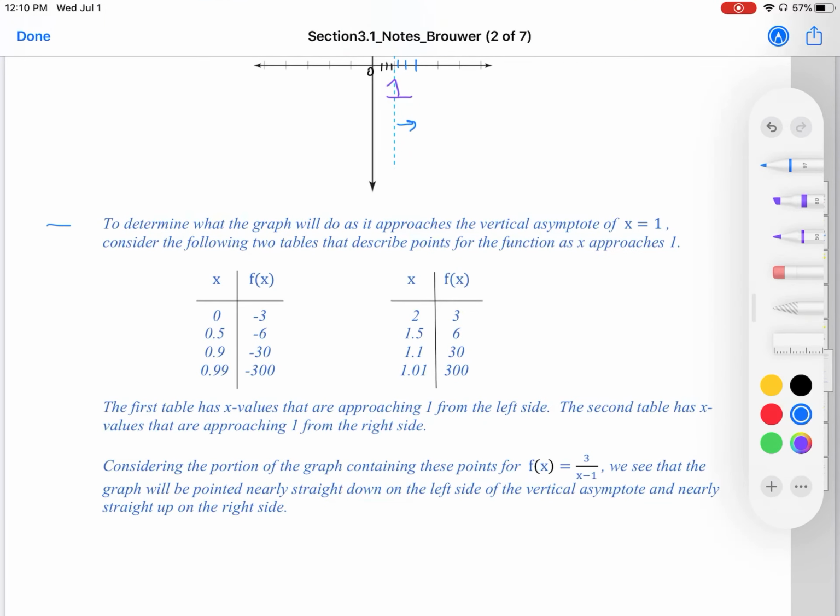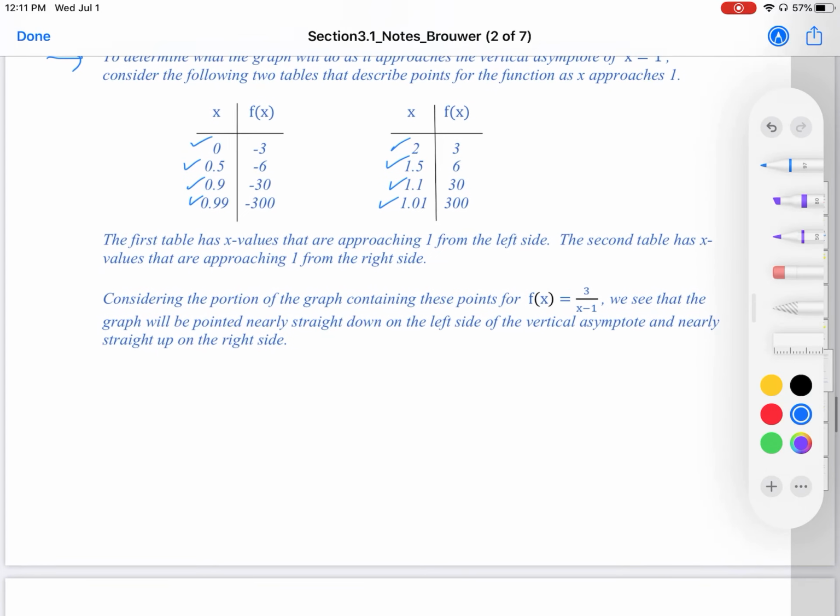We have the work done for you. To determine what the graph will do as it approaches the vertical asymptote, consider the following two tables. So we graph that 0, that a half, and 0.9 and 0.99. Numbers that get close to 1 from 2, 1.5, 1.1, and 1.01. The first table has x values approaching 1 from the left side.